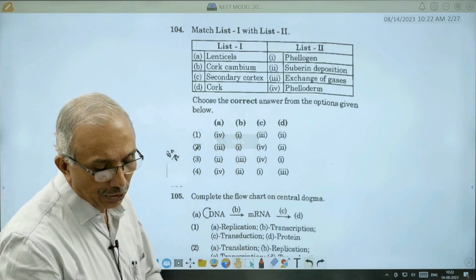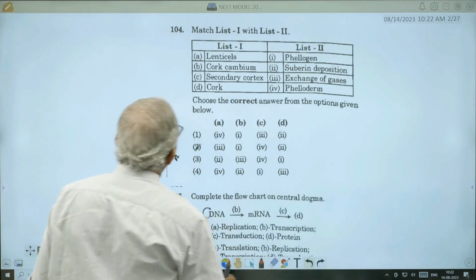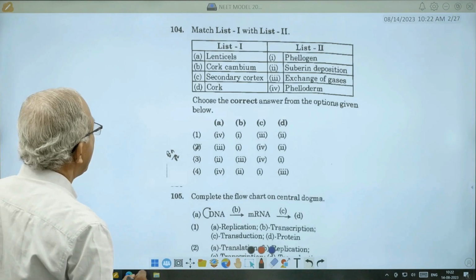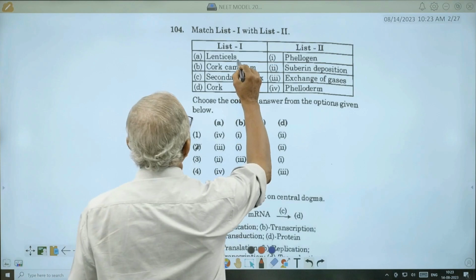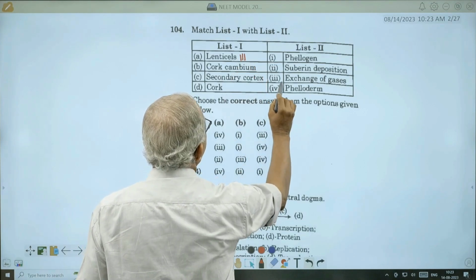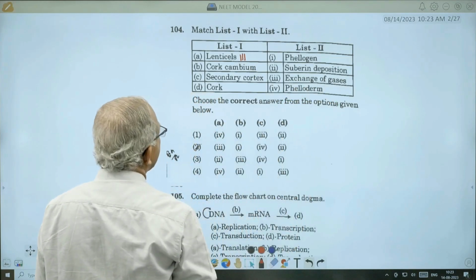Next is match the following. Lenticels can be matched with 3, because they are aerating pores for exchange of gases.